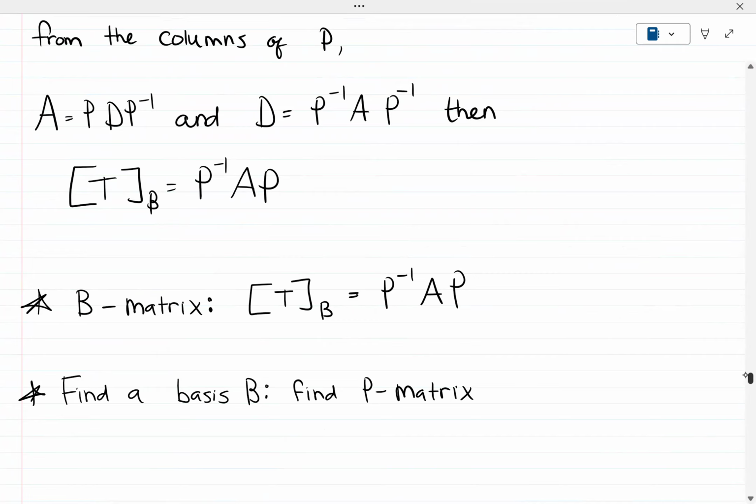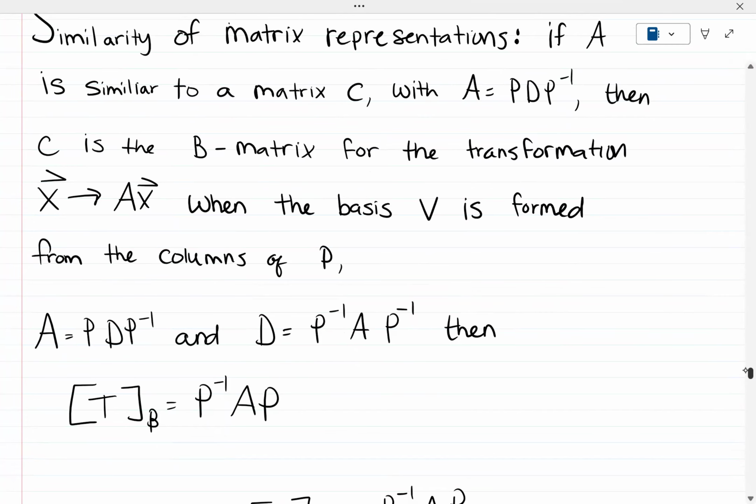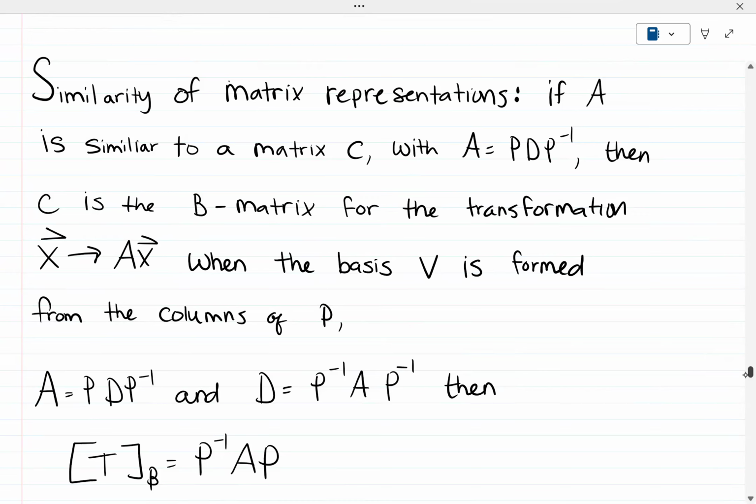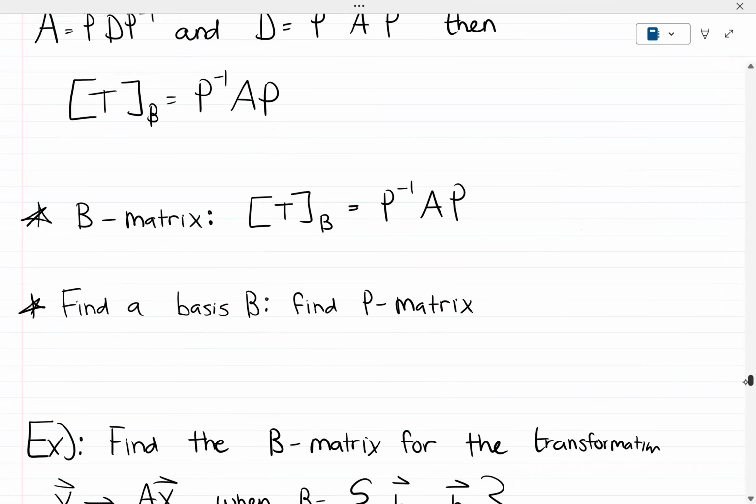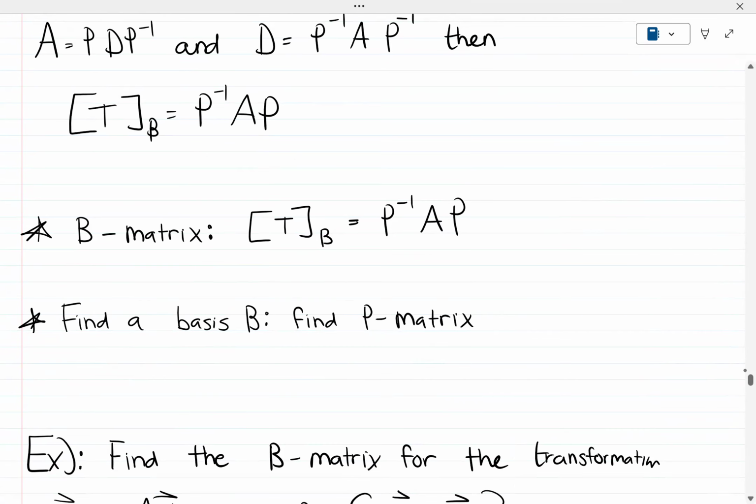So basically, A equals P times D times P inverse, and D equals P inverse times A times P. Then the B matrix of T is P inverse times A times P. So the B matrix is this, and then we have to find the basis B, so find the P matrix. So let's do an example.